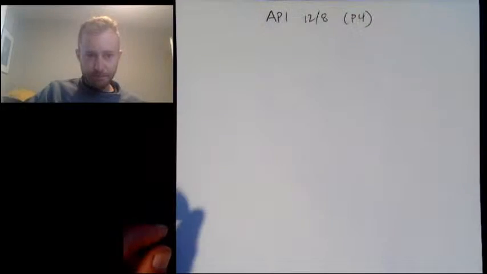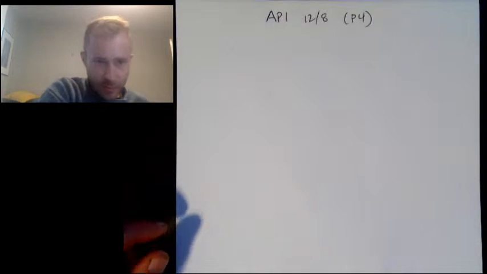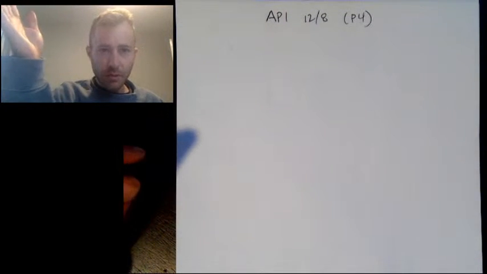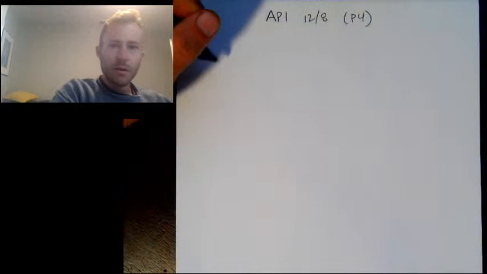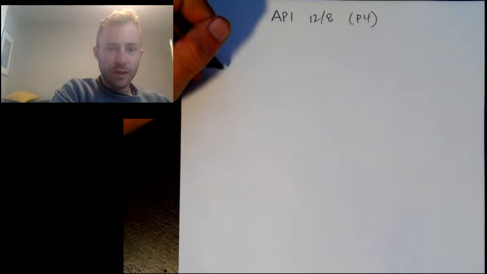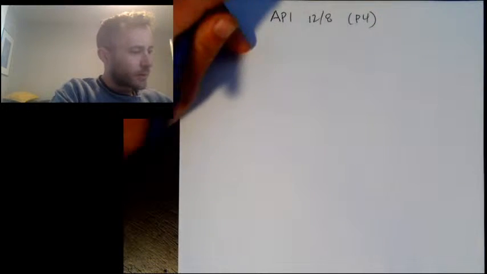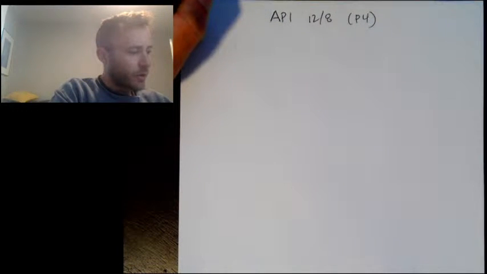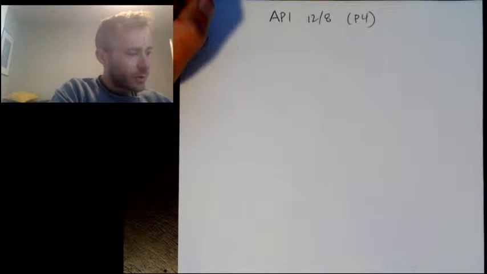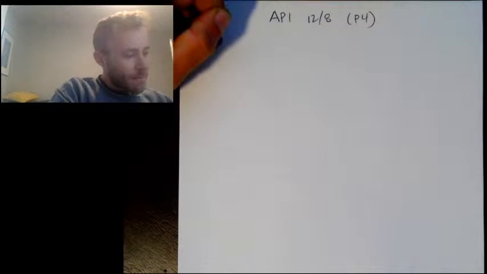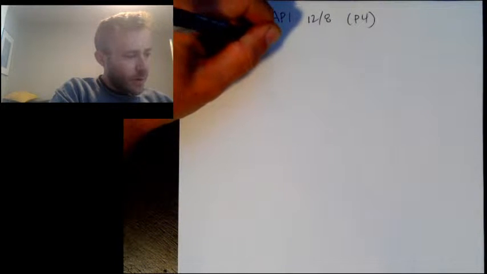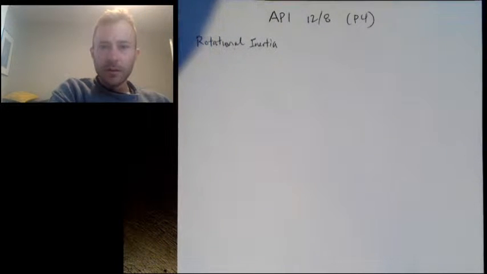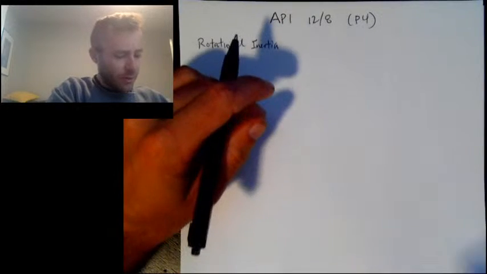So today's lesson is on, first of all, hello, I hope you're all doing well. Today's lesson is on something called rotational inertia. That's what I tend to call it.